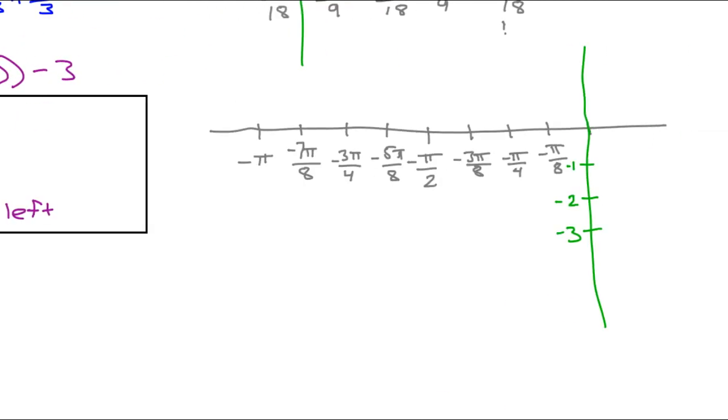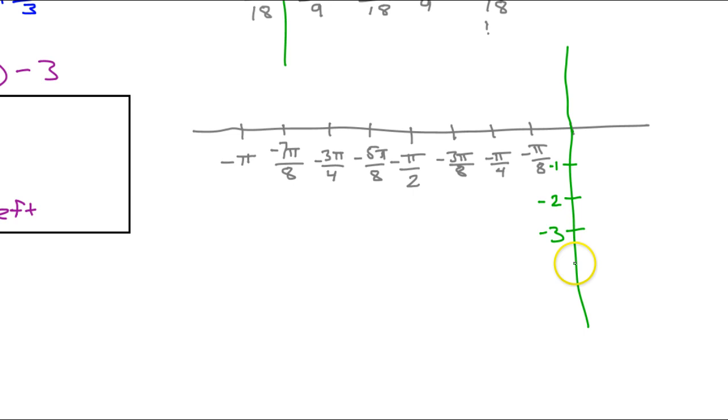The amplitude is just 1, so I'm just going to go down 1 more because of the a value. Okay, it's not really the amplitude for a cotangent function because it's infinite, but I still will need that a value. So this negative 3 is going to be my midline, so I'm just going to make this a dotted line for my midline.